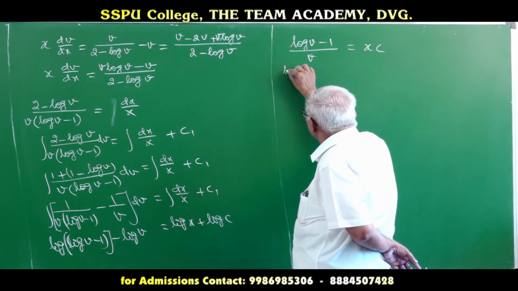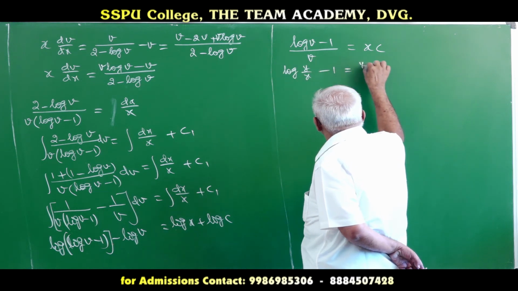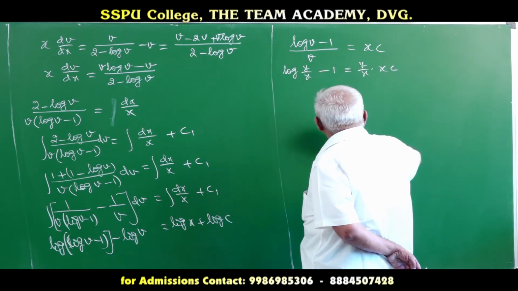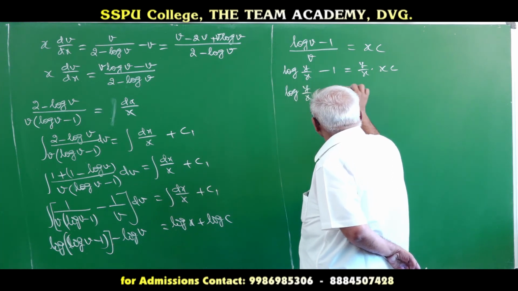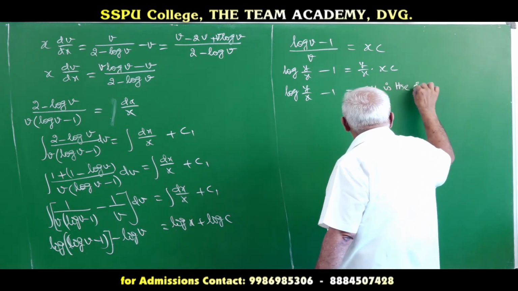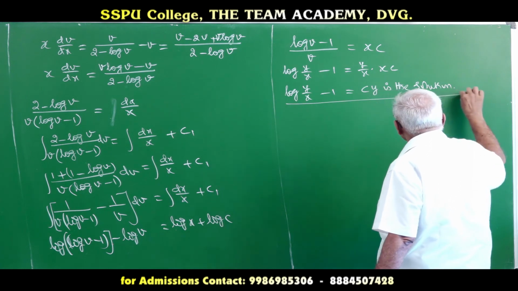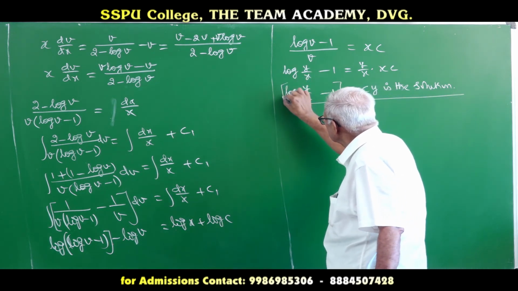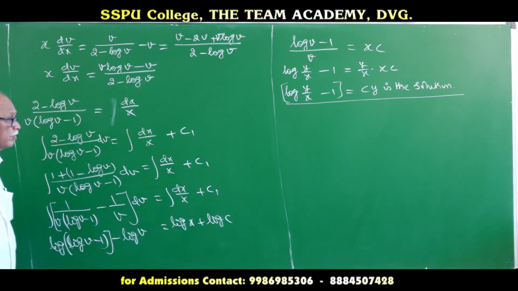Now log(y/x) minus 1 is equal to y by x into xc. So log(y/x) minus 1 is equal to cy, is the solution. So this is the solution for the differential equation.